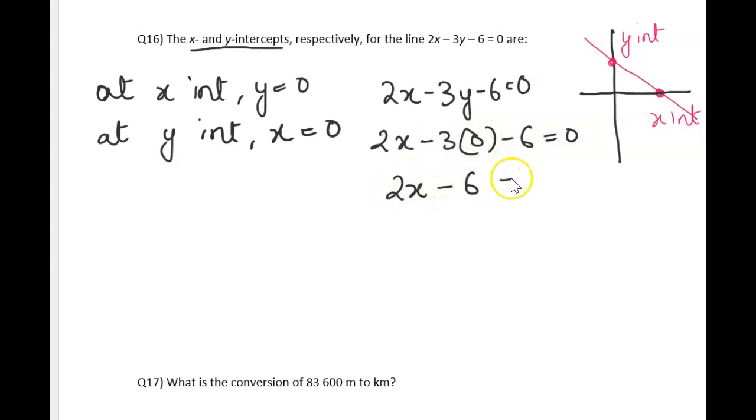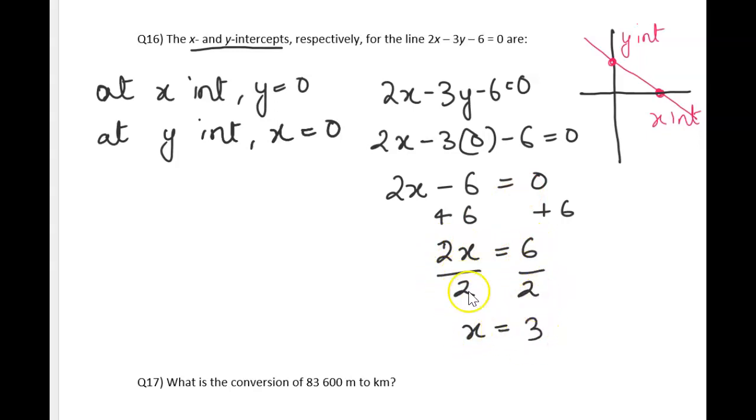You have 2x minus 6 is 0. How do you solve this? Because you're finding x, plus 6 both sides. Don't forget that. Or you can just take 6 to the other side. Your 2x is 6. Then you divide by 2 both sides. So your x becomes 3. So your x-intercept is 3, 0.